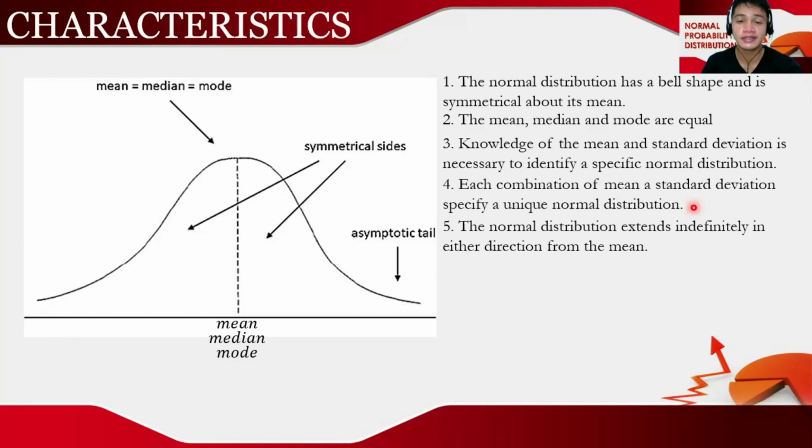Characteristics 3, 4, and 5 will be elaborated on, to show why the mean and standard deviation greatly affect the form and uniqueness of a normal curve. I will show it to you through video.